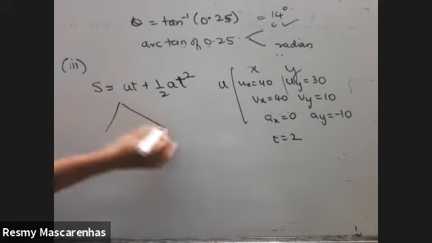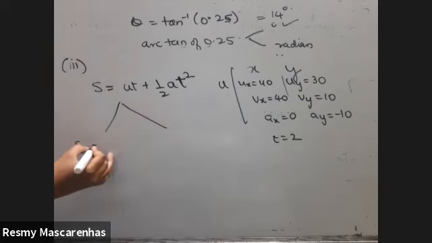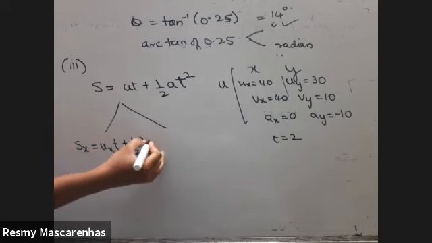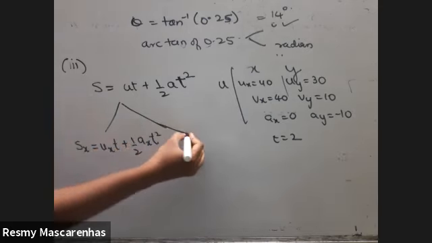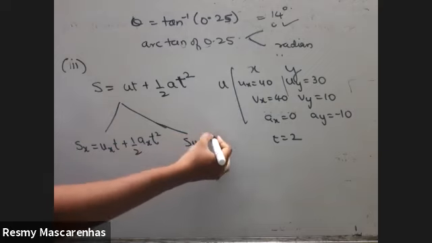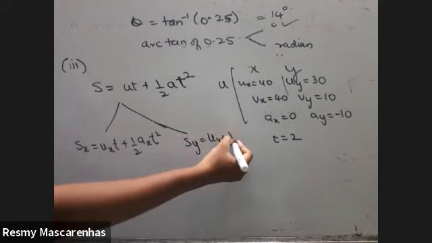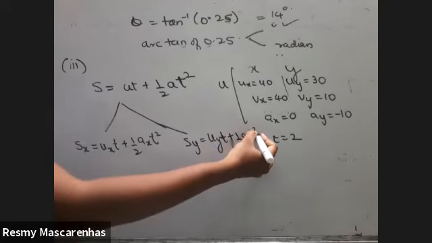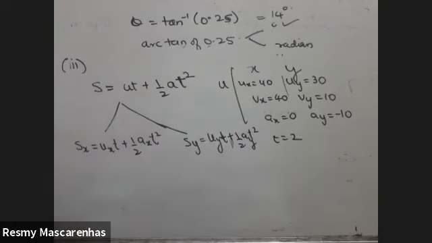This also will have two parts. For Sx, wherever there is u you put Ux, and the same way for Sy, you put Uy, and wherever there is a, you just put y. So this will also have two components.